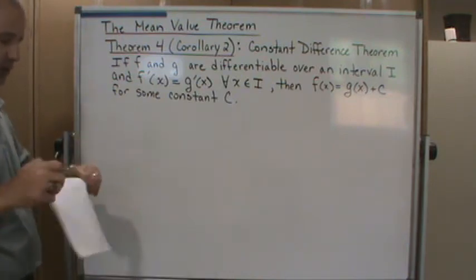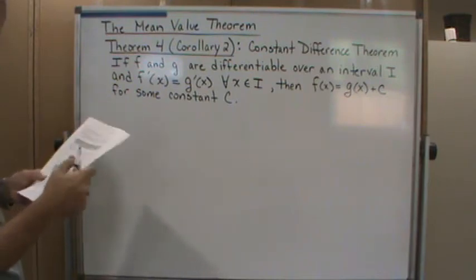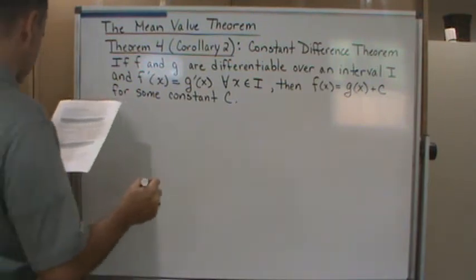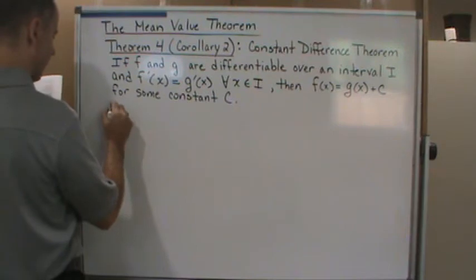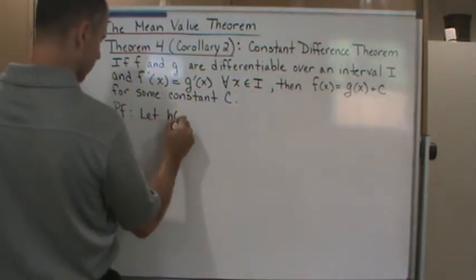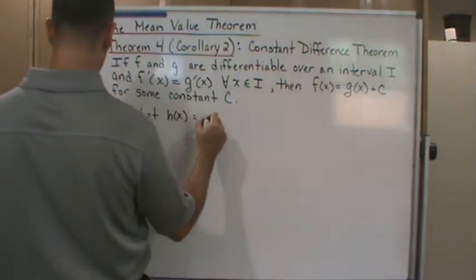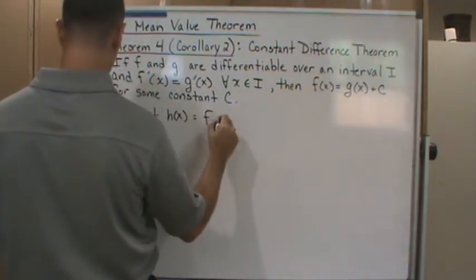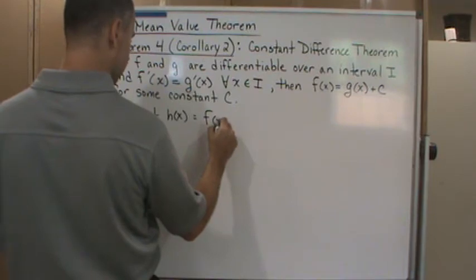And the proof is really straightforward. So let h of x equal the difference between f of x and g of x.